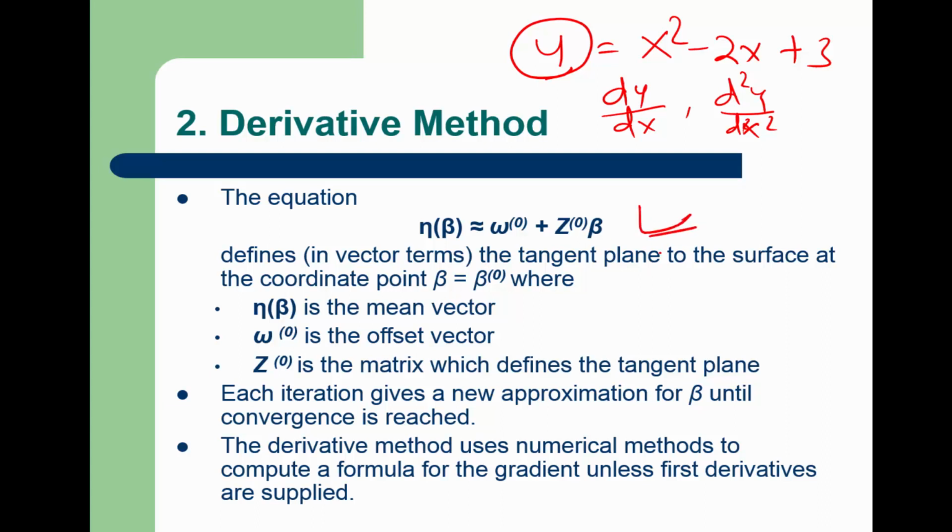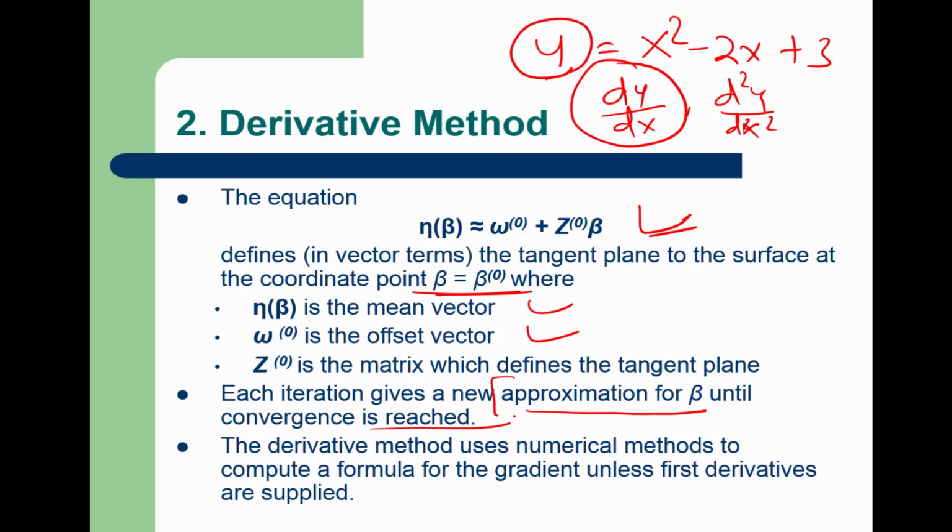So here is the equation, and the tangent plane to the surface. The tangent plane is nothing but the first derivative at a coordinate point beta equal to beta naught, where we have a mean vector and then an offset vector, and then there is a matrix which defines the tangent plane. Each iteration gives us a new approximation of beta until convergence is reached.